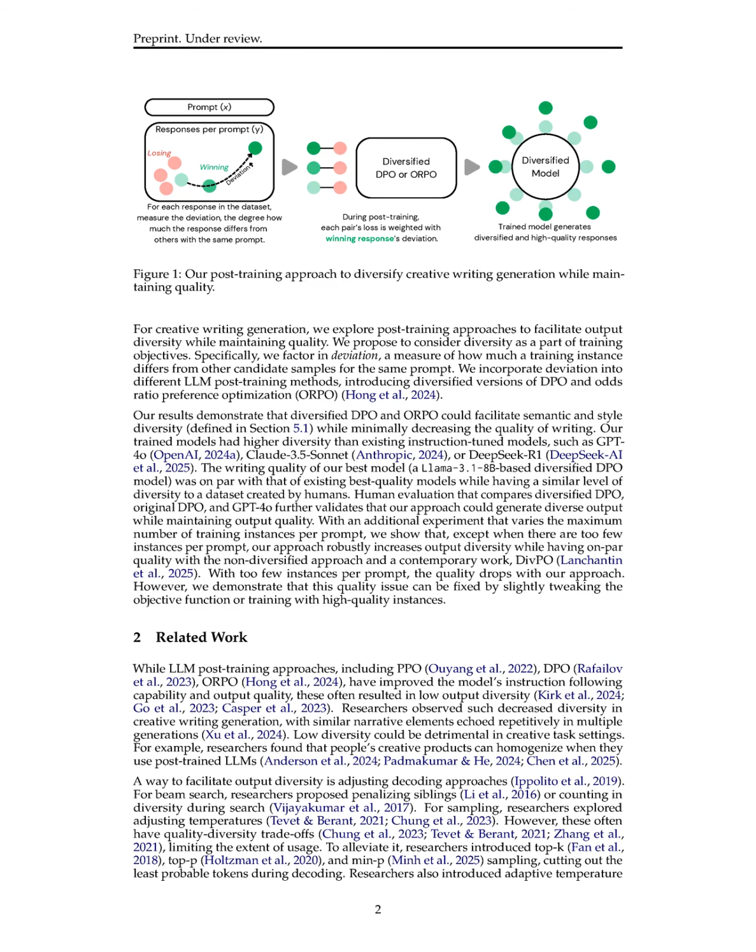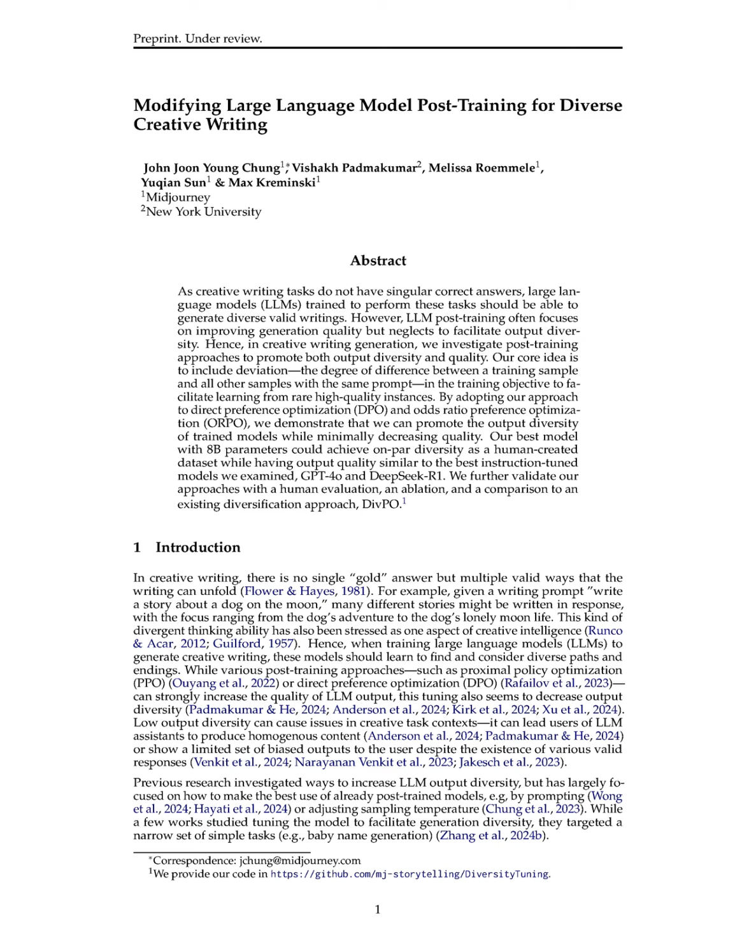Similarly, for ORPO, the loss is adjusted to include deviation in both the log likelihood and log odds ratio terms, ensuring that the model learns from both frequent and rare high-quality instances. This systematic incorporation of deviation allows the model to produce outputs that are not only high in quality, but also rich in diversity, as demonstrated by the results showing increased semantic and style diversity compared to traditional methods.